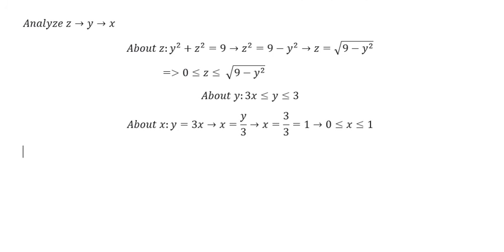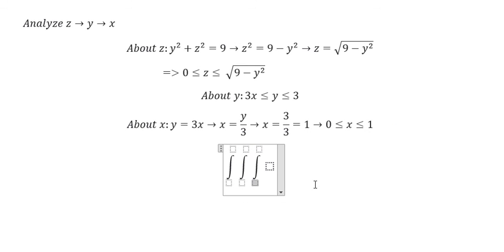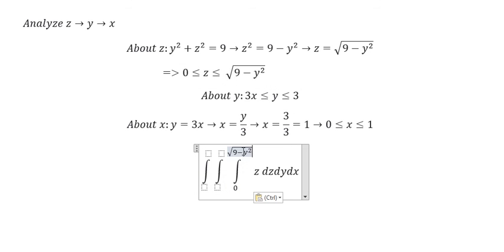And now we can do the triple integral. So in here we have z, dz, dy, dx. For z we have this one, for dy we have this one, and the last one is dx.